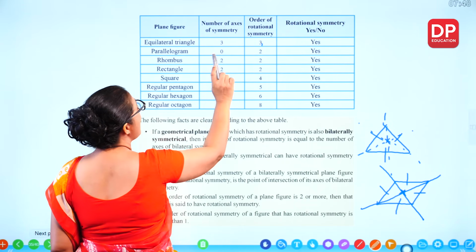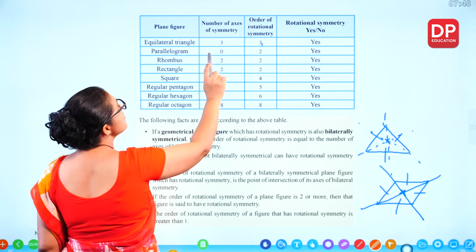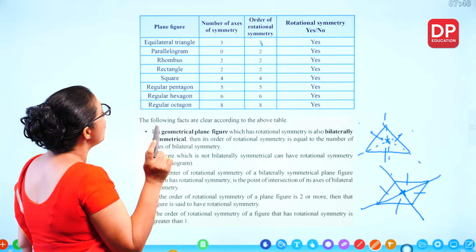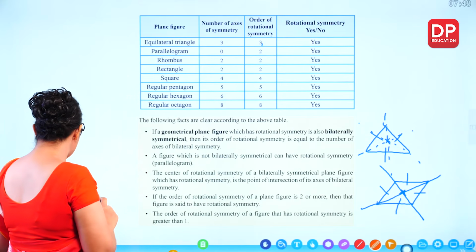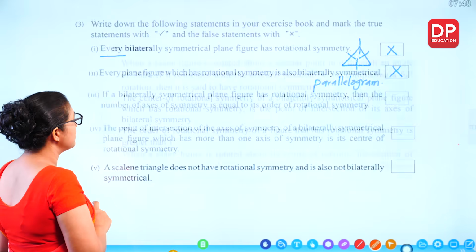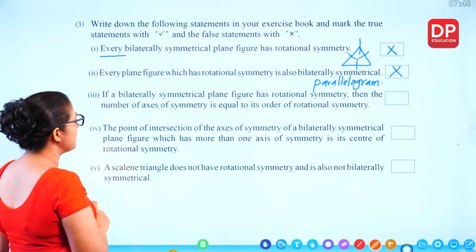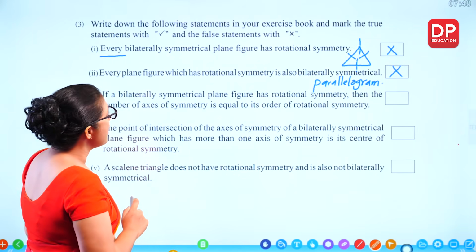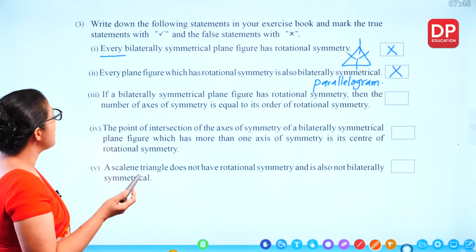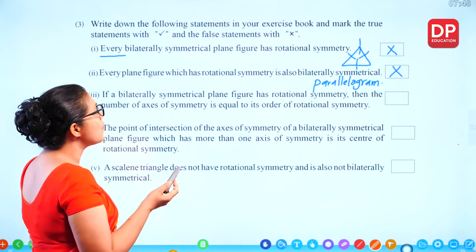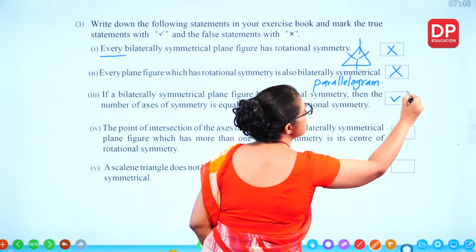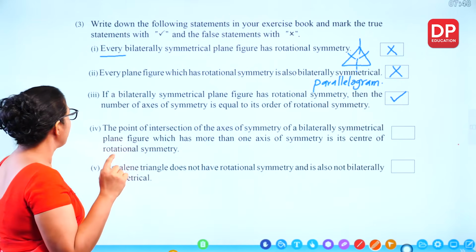And for the parallelogram, there's no axis of symmetry, but the order of rotational symmetry is 2. All the other figures, you get the same number. So we can say that statement is correct.